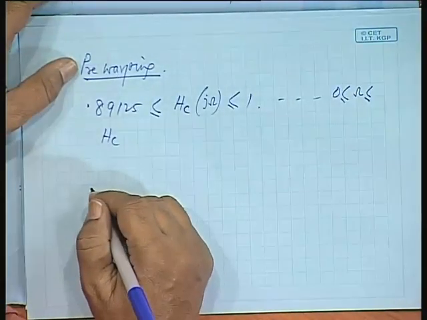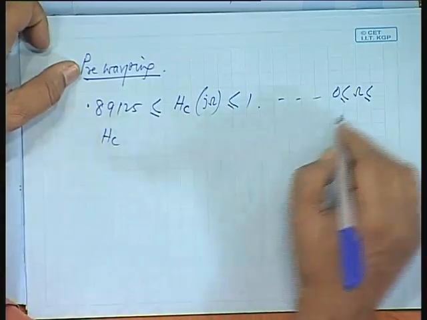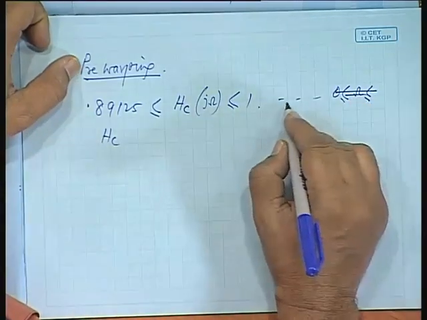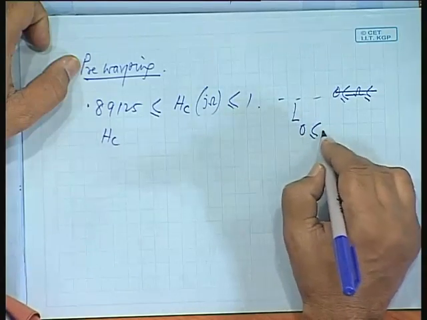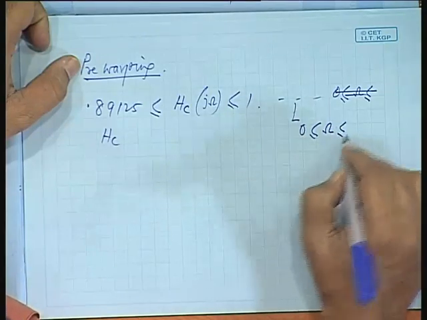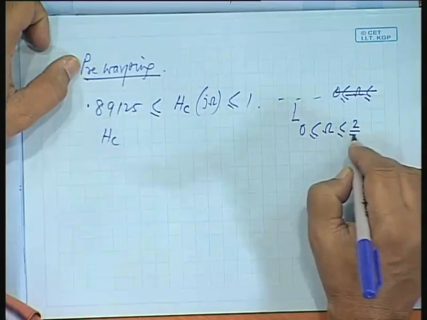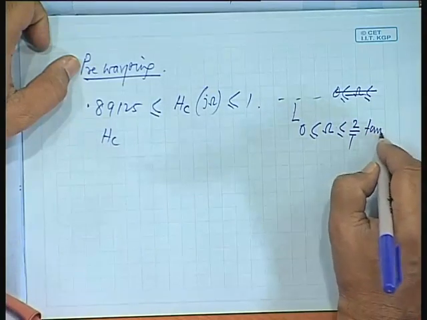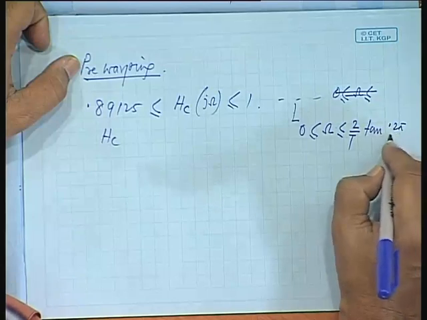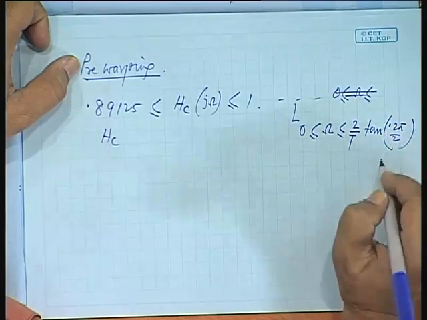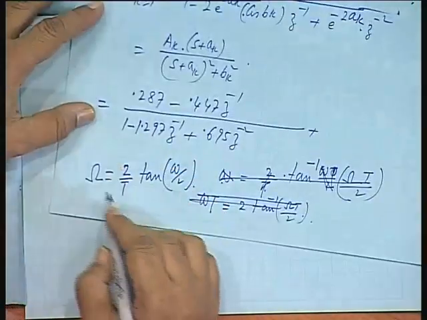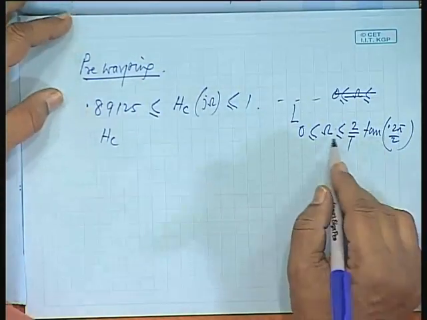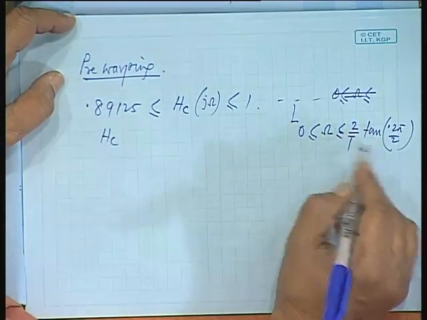So, HC, so this specification should be 0 to omega, 2 by t tangent 0.2 pi by 2. Is that all right? Because omega is equal to this much. So, we are replacing that omega, limit of omega by this.